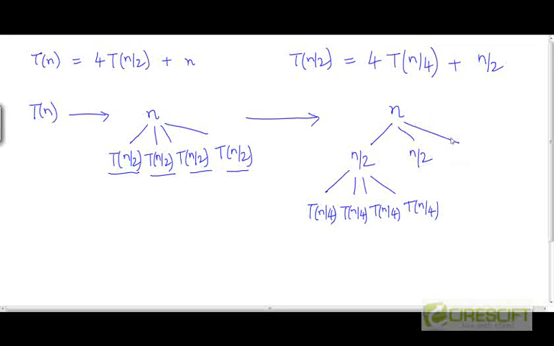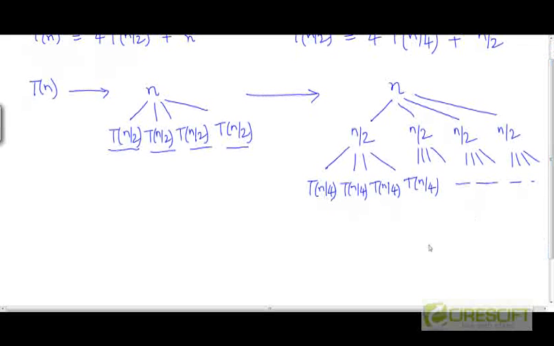The same holds for all the other 3, like for the other 3 children as well. So they will each have 4 children, each being T of n by 4.